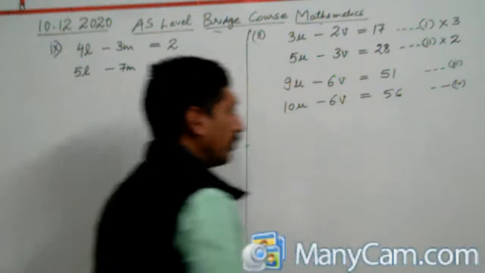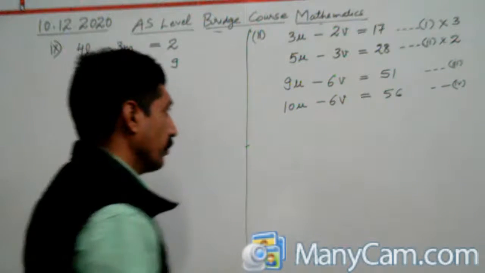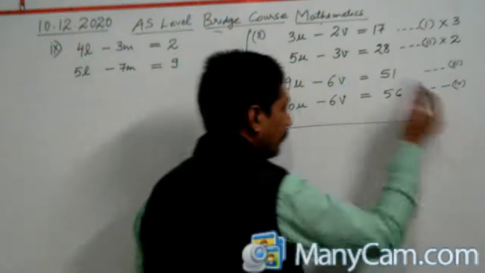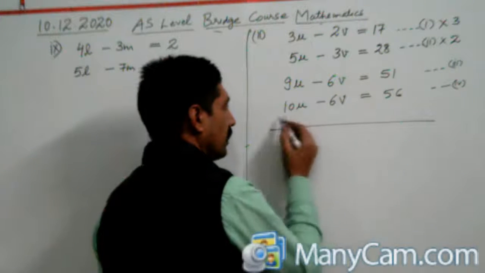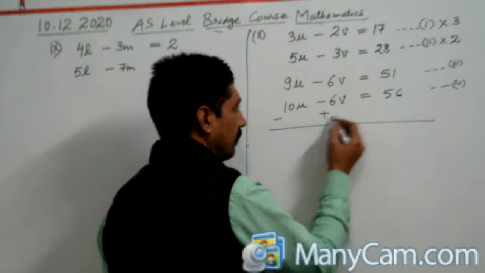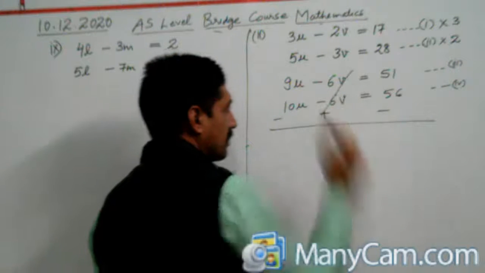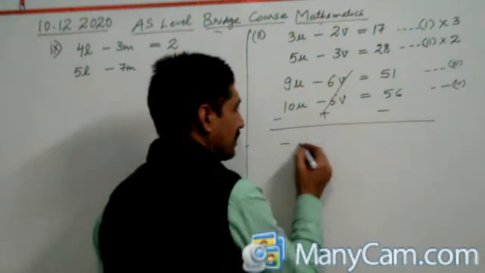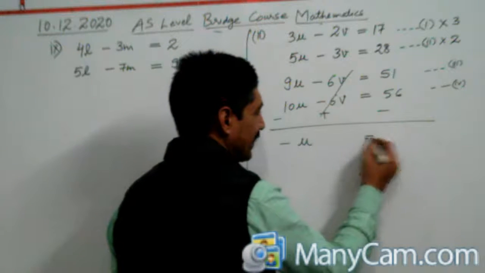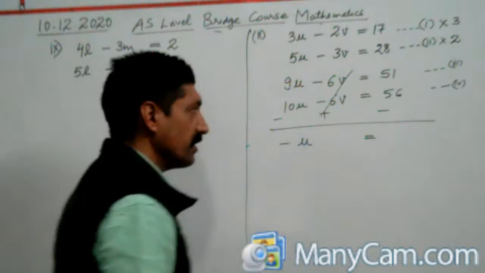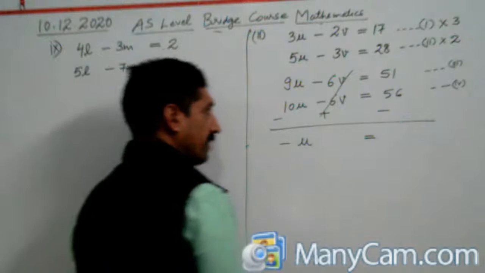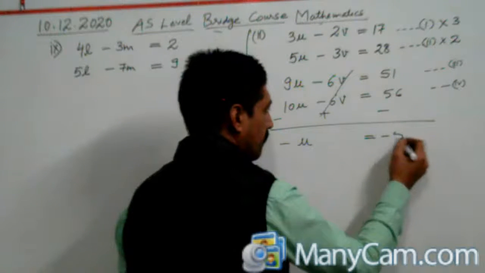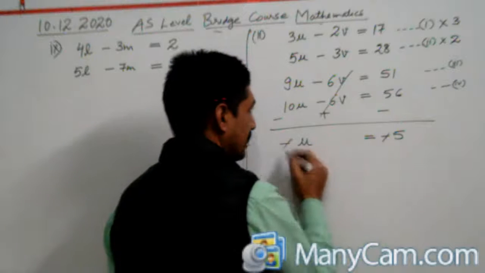Now subtract one from another. When we subtract 3 from 4, minus and minus get cancelled, the 6v terms cancel, and we are left with minus u is equal to 56 minus 51, that is minus 5. So minus and minus get cancelled.